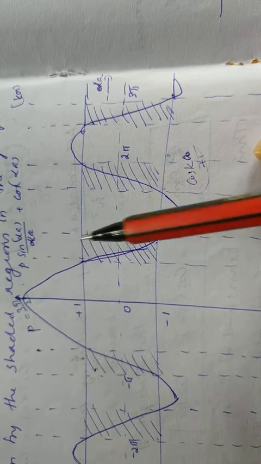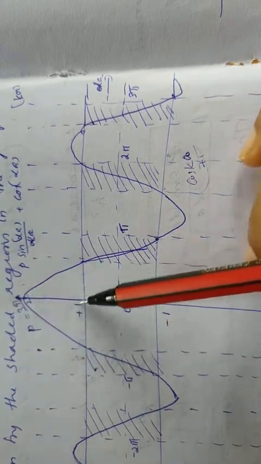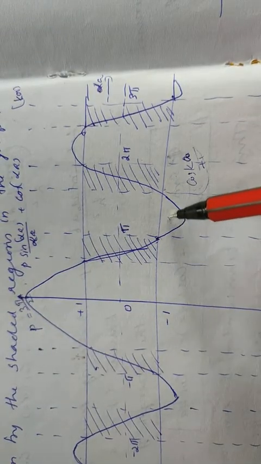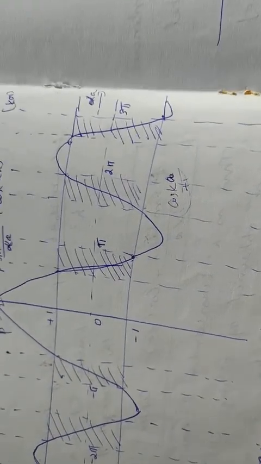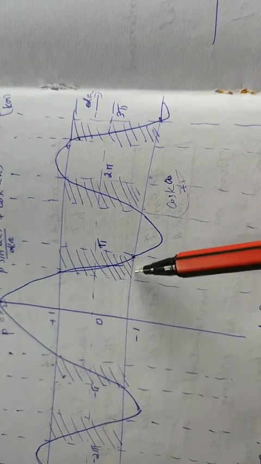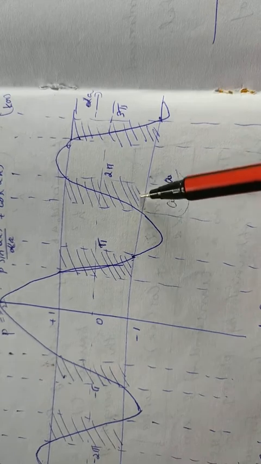Only at these points will it have a solution. The regions outside this boundary do not represent solutions of this equation. Only these intersection regions are allowed, and this will give you allowed energy level values.